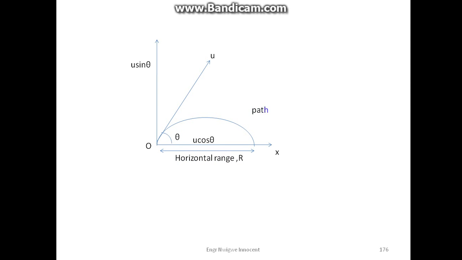If a body is thrown off from a point O with a velocity u at an angle theta, it will follow a parabolic path on a horizontal range R along the x-axis, the horizontal axis. The vertical component of the motion will be u sine theta.